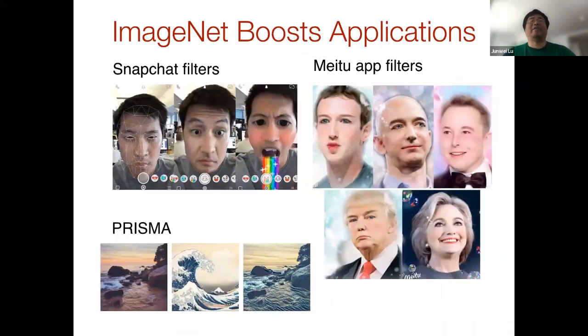And also some interesting filters that you're all using in Facebook or Snapchat or Instagram, all these apps, so they can make some cute images for celebrities. For this kind of application, you can also imagine that you need to understand the face of a human being, right?